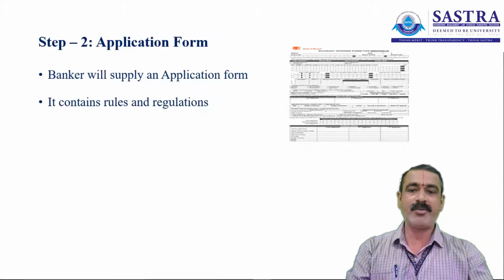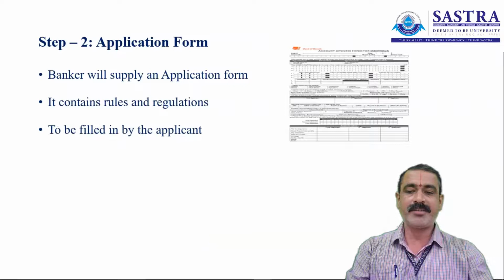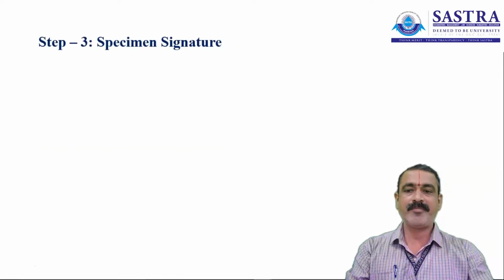That contains all rules and regulations. The applicant furnishes all details about himself, including the name, nomination, address, etc. After having submitted his application form, he has to approach the banker. The banker will say to put the specimen signature.